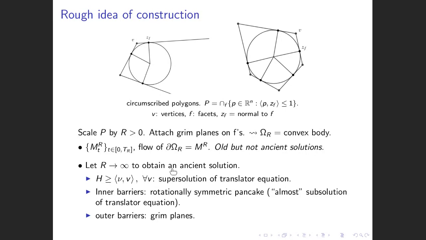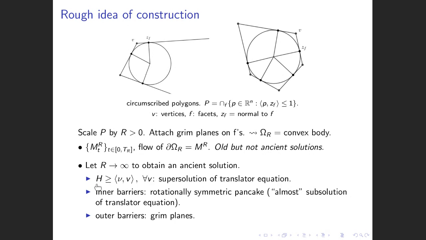Now, when you try to take this limit, you have to be careful that you have some good estimates to be able to take the limit. The very rough idea is that when you start here, you place your grim planes.